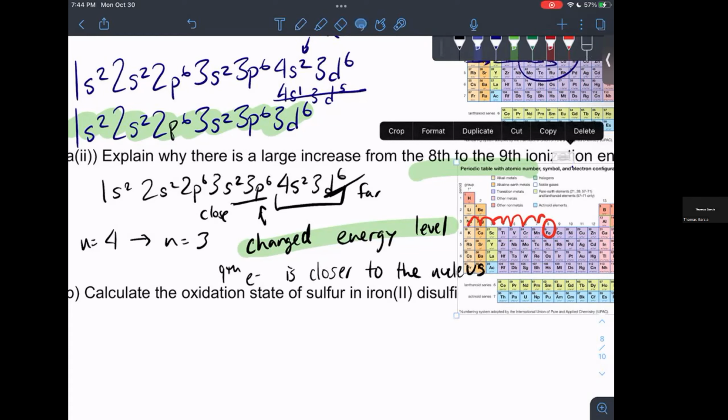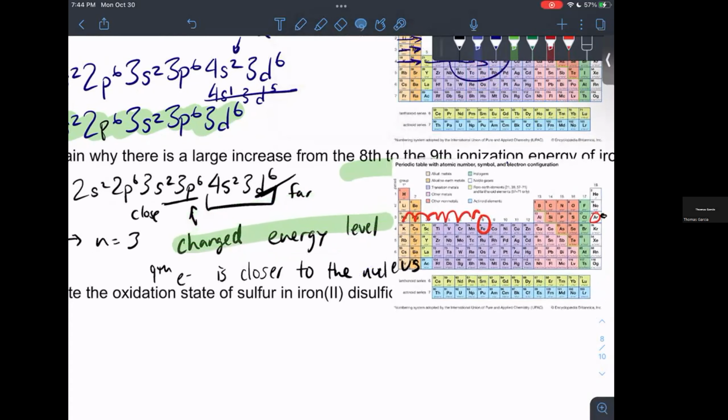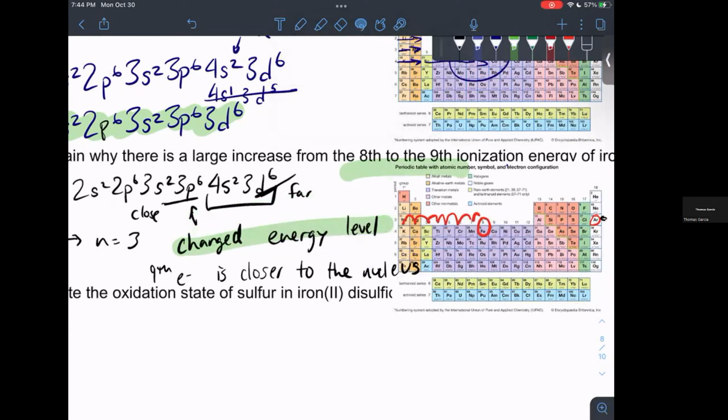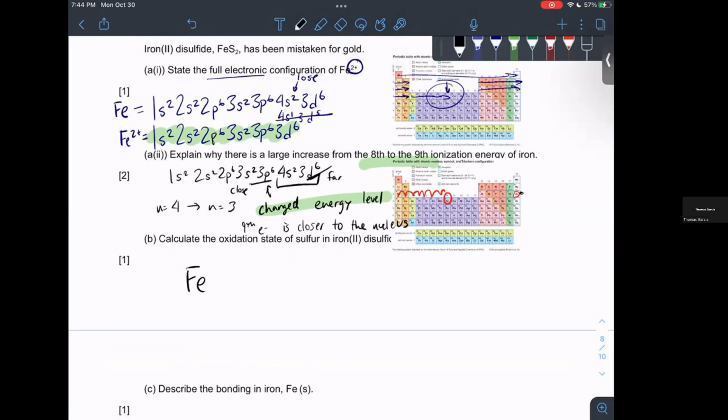All right, well, moving on. Oh, great, I took the text with me too. Well, I can't change it. Moving on to B. Calculate the oxidation state of sulfur in iron 2 disulfide. We can do that.